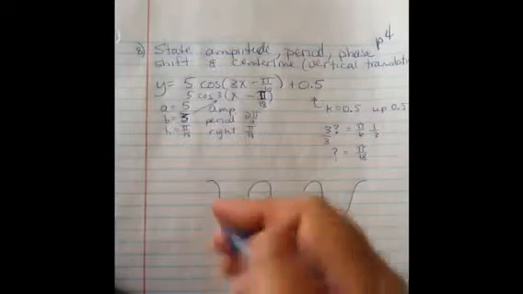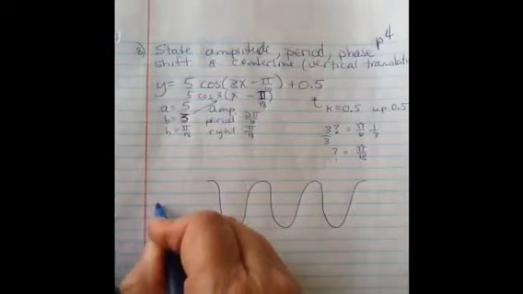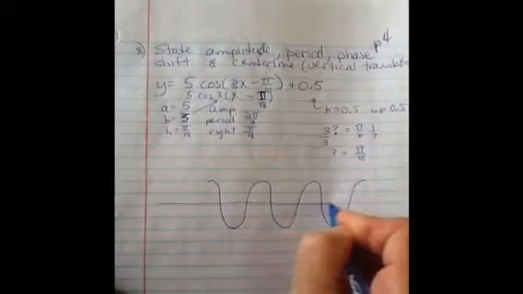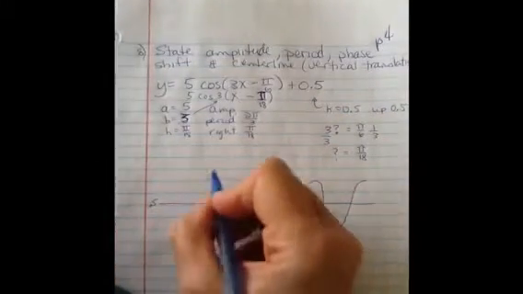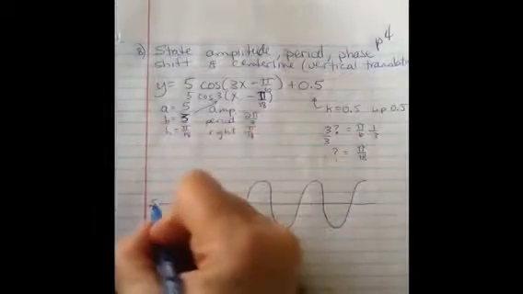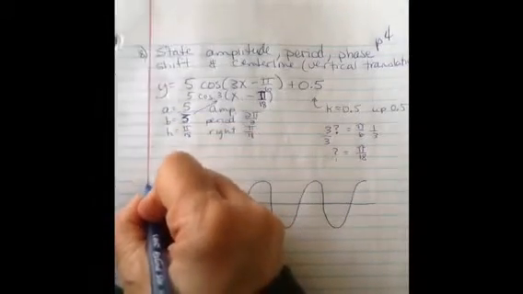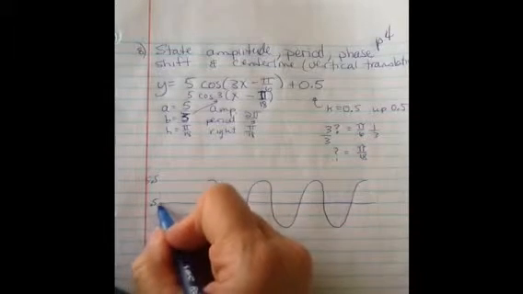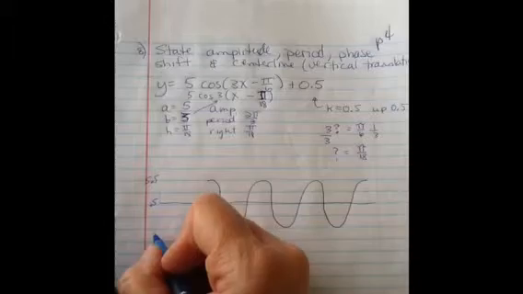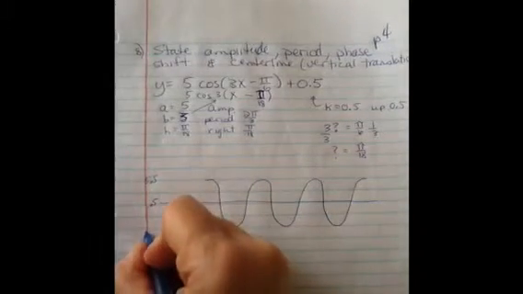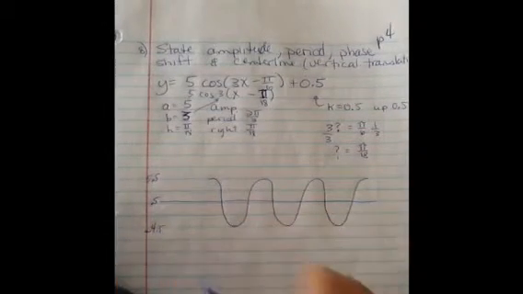And I know that I went to, I'm going to put the center through here. The center is 0.5. My amplitude is 5. So I'm going to go up to here, it's 5.5. And then this would be 0.5 minus 5, which I think is negative 4.5. So this is negative 4.5.